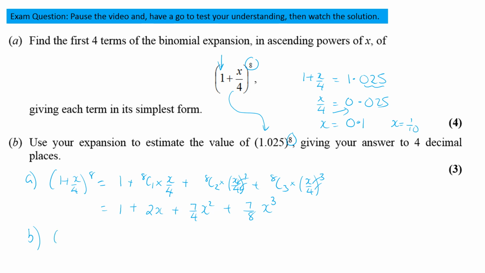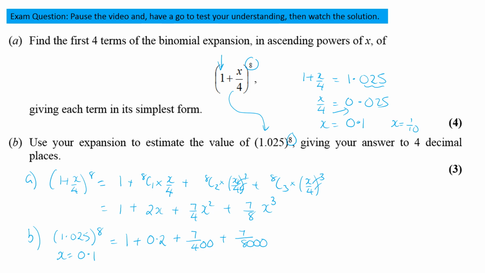So to get an estimate for 1.025 to the 8, we feed in that x is equal to 0.1 or 1/10. So this is going to be 1 plus 2 times 1/10, which is going to be 2/10, which is going to be 0.2 or 1/5, plus when x is 1/10, we need to square it, so that will be 1/100th, and then multiply it by the 7 over 4, it's going to be 7 over 400, and then the 1/10 all cubed, that's going to be 1,000th, multiplied by the 7/8 is going to be 7 over 8,000.